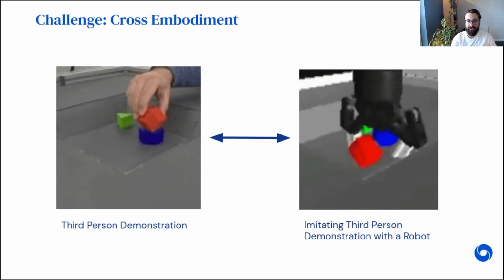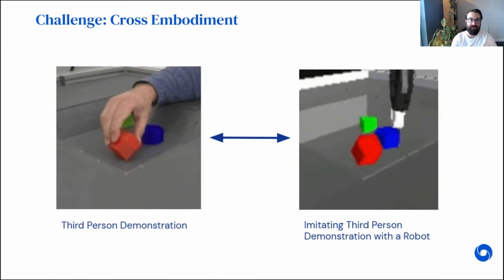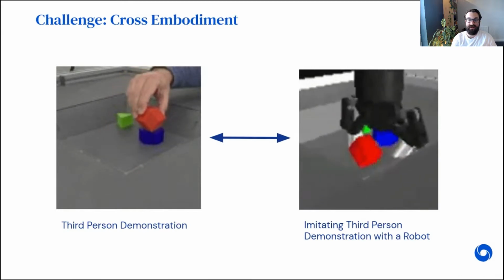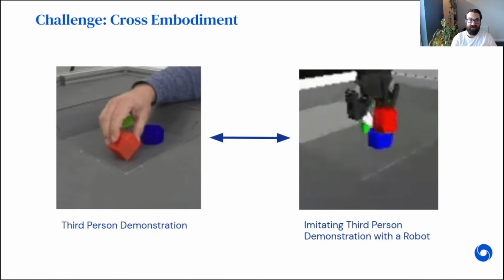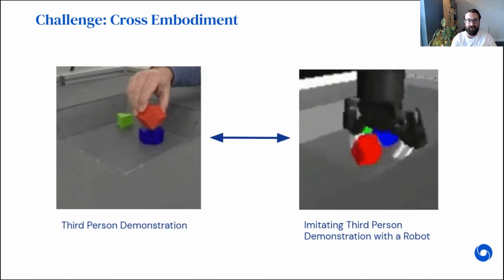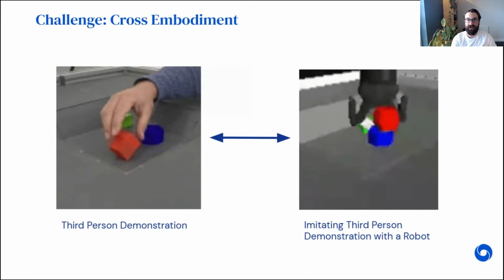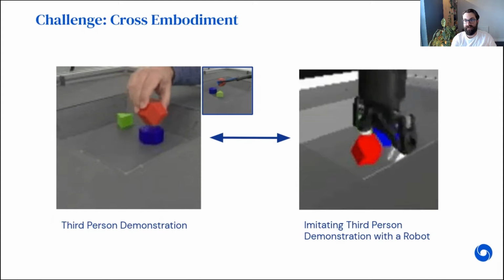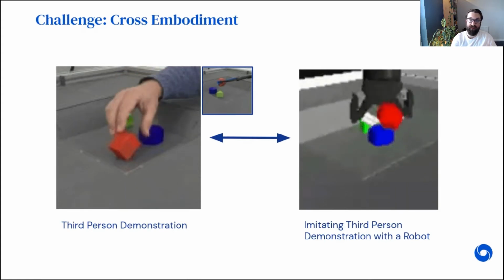There are also more challenges that come from working with different embodiments. On top of the human hand that I have already shown, which is one of the environments that we are experimenting with in this work, we also have a human operating a pickup stick and manipulating objects that way.